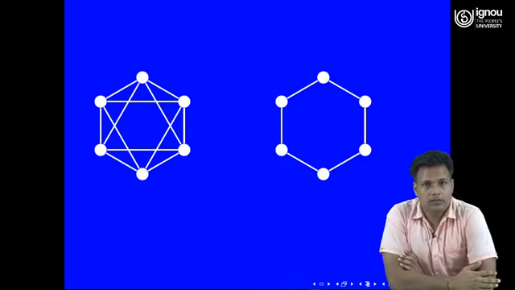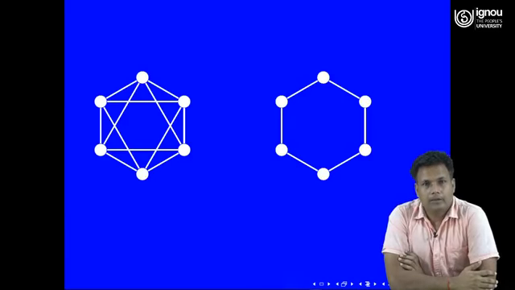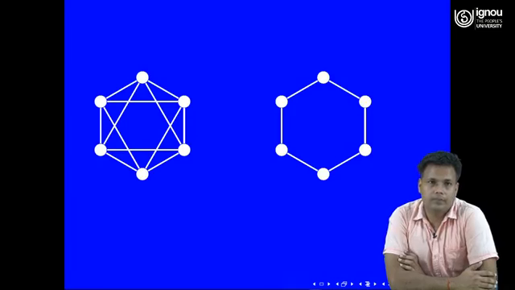For example, look at these two graphs. In the graph on the left, each vertex has degree 4, so this is a 4 regular graph. In the graph on the right, each vertex has degree 2, so this is a 2 regular graph.